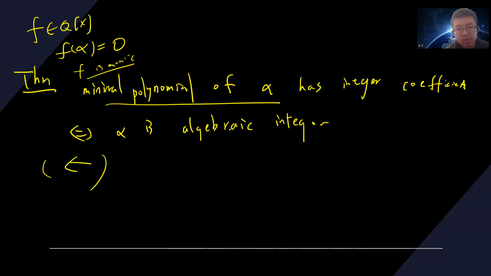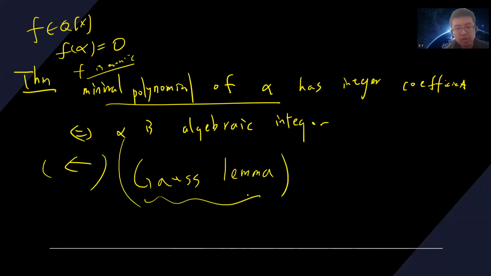This direction is simple, when alpha is an algebraic integer, you know there is an integer coefficient monic equation such that this is true, and you can prove that this will imply that the minimum polynomial f must have integer coefficients. So this proof is basically similar to the proof of Gauss's lemma in abstract algebra. So I won't prove it, it's very simple.